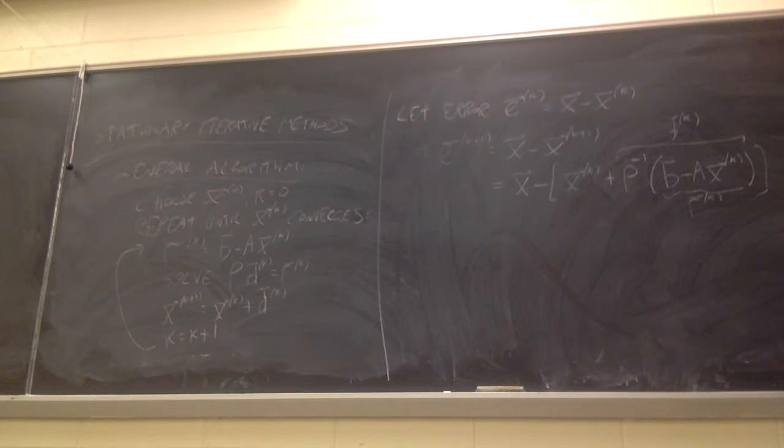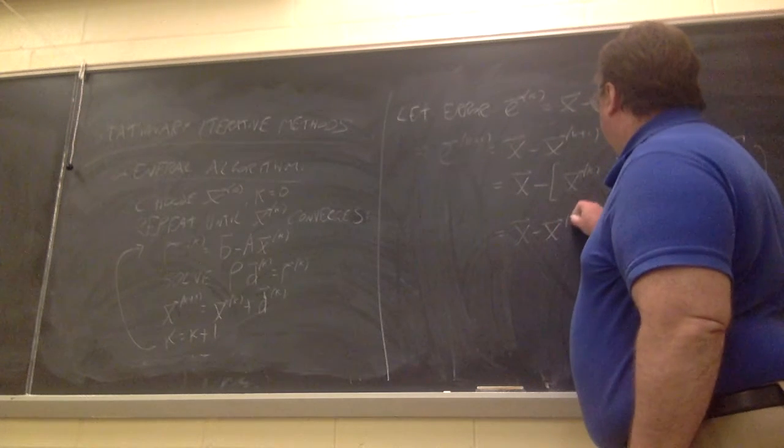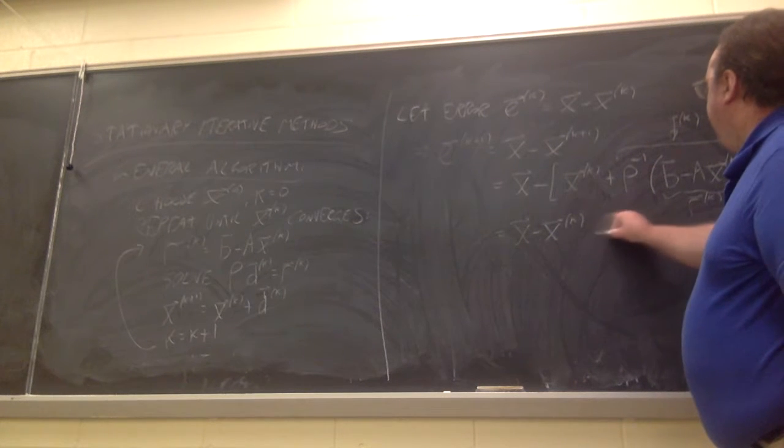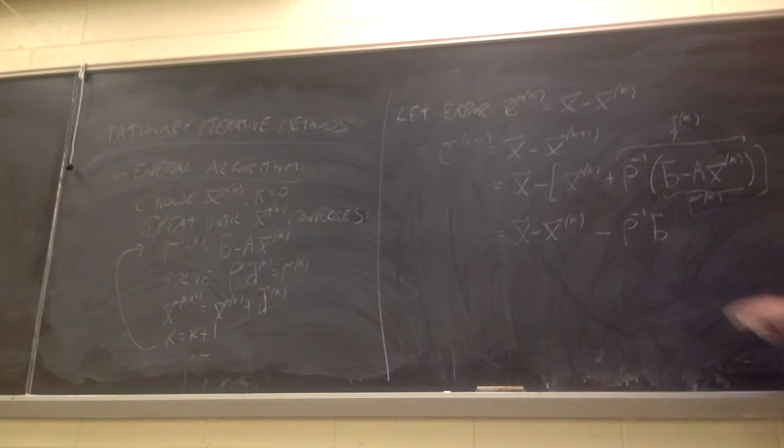Now it's time to do a whole lot of multiplying out. Now I have x minus xk minus P inverse b, and then minus minus makes a plus P inverse A xk.